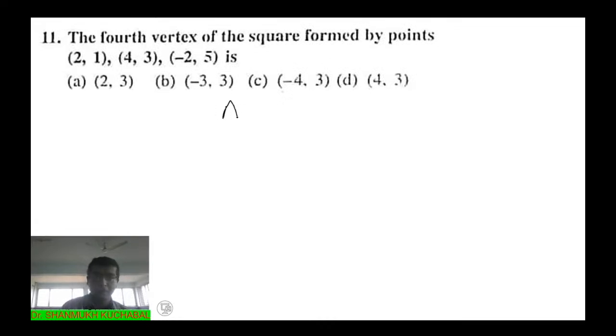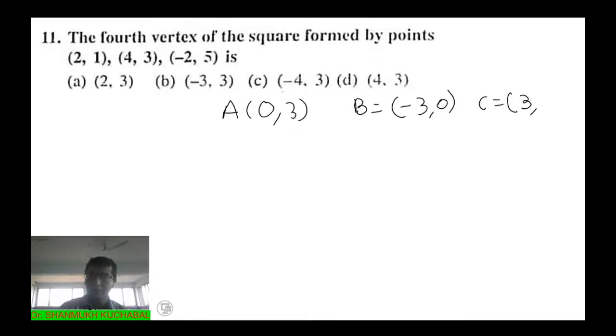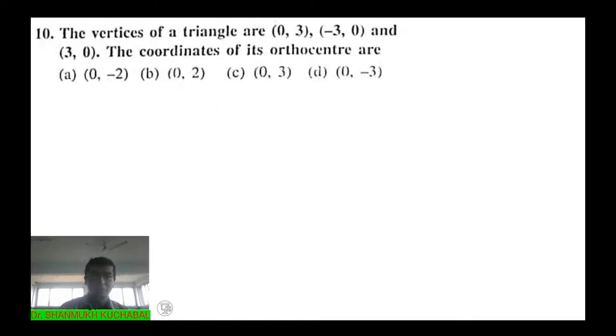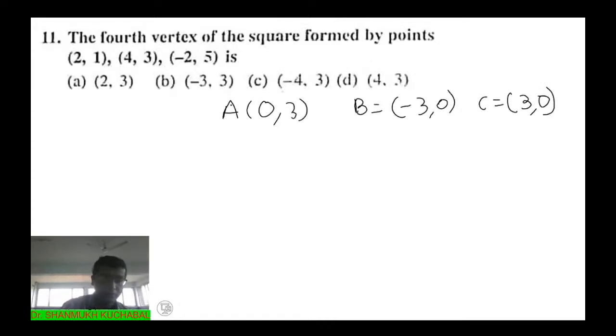First point we'll take as A: 0, 3; B: minus 3, 0; and C: 3, 0. We'll take these points here. Just a minute, we have skipped one question. Yes, we'll take A here. We'll erase this.